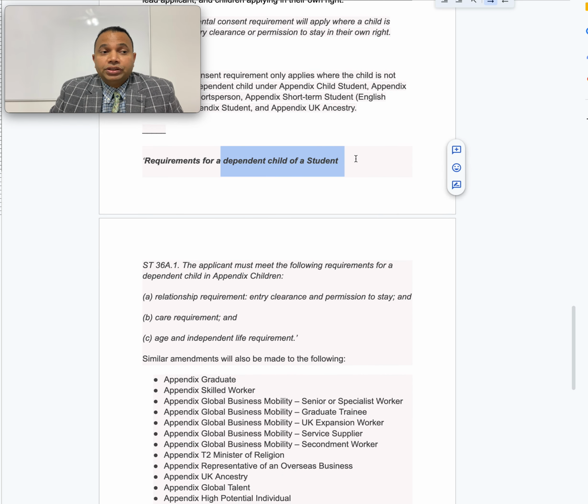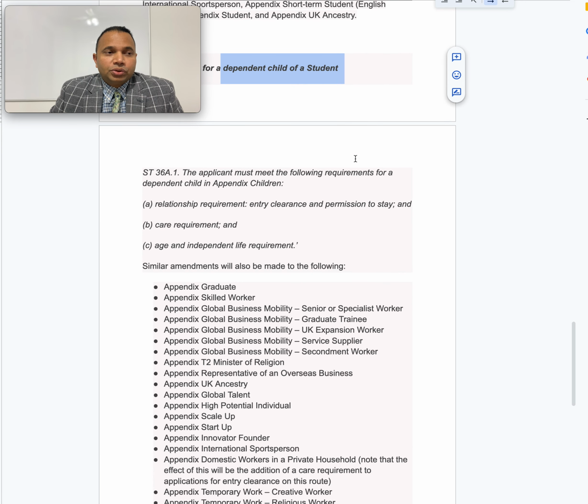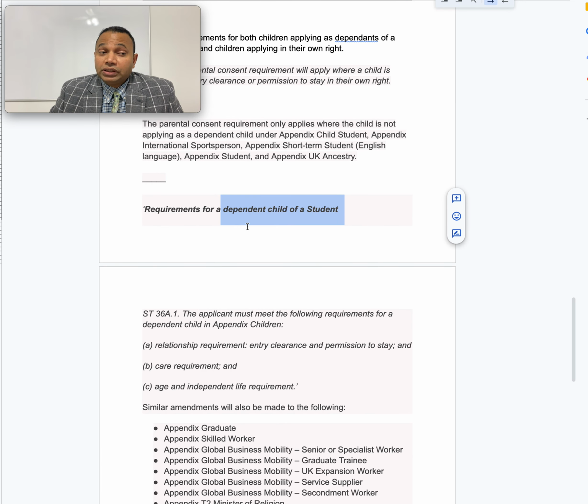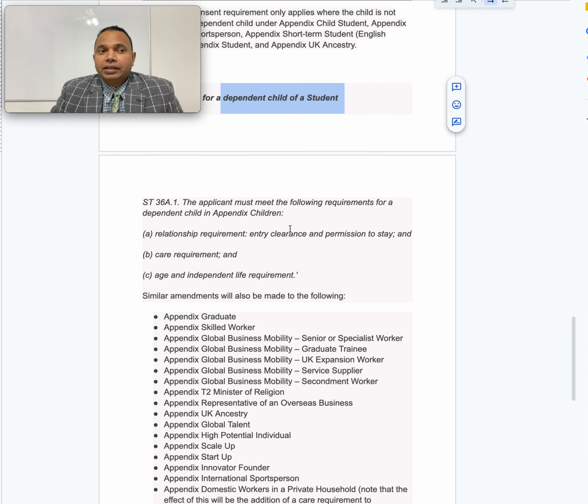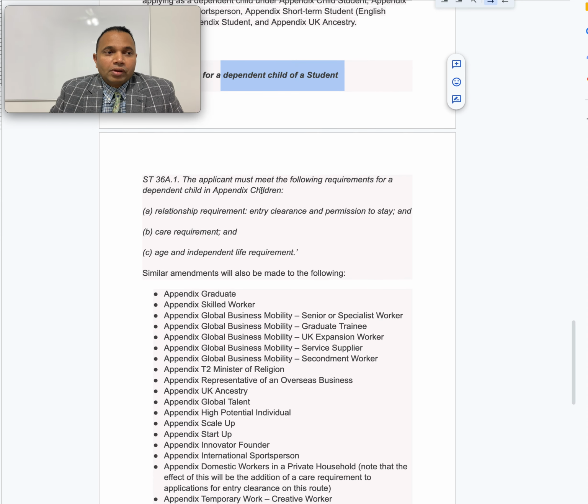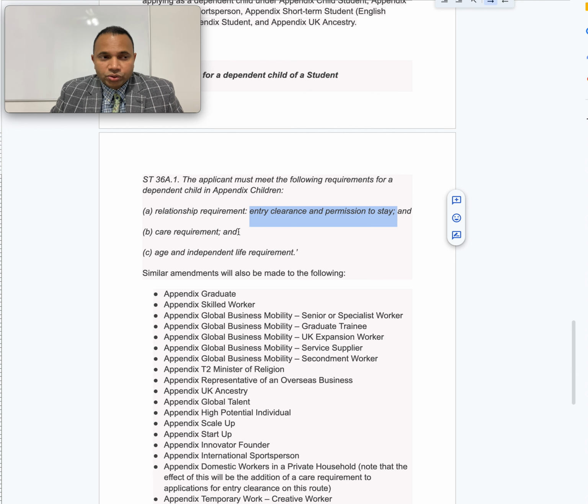Requirements for a dependent child of a student: if the child is applying as a dependent child of a student in the UK, the applicant must meet the following requirements for a dependent child under appendix Children. Relationship requirement, as I said: a birth certificate to prove your relationship, whether it's an outside UK application or inside UK.